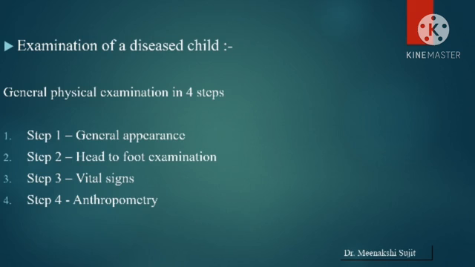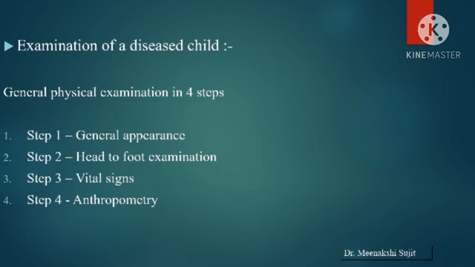It will gradually increase and come to the normal adult range after 6 months to 1 year. Then step 4 is anthropometry. Anthropometry is nothing but the head circumference, chest circumference, length of the baby, and BMI, the total body mass index of the baby.